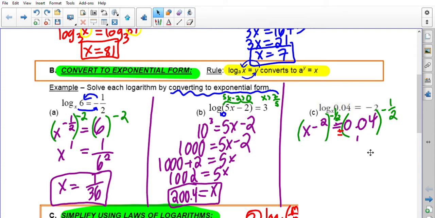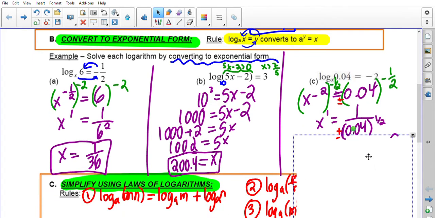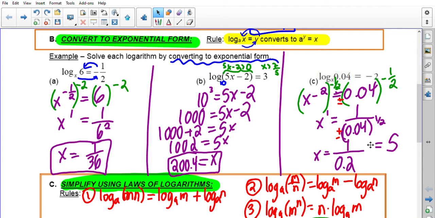So that leaves us with x to the 1 equals, the negative just means you're bringing it down to the denominator, so 1 over 0.04 to the 1/2, again with the plus or minus. That leaves us with 1 over plus or minus 0.2, and that leaves us with plus or minus 5.